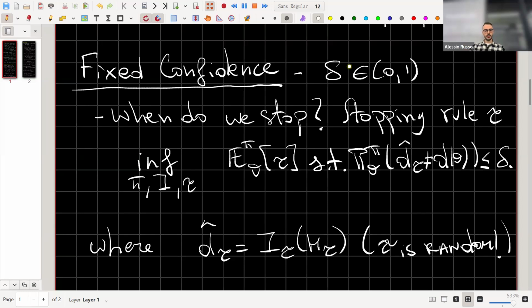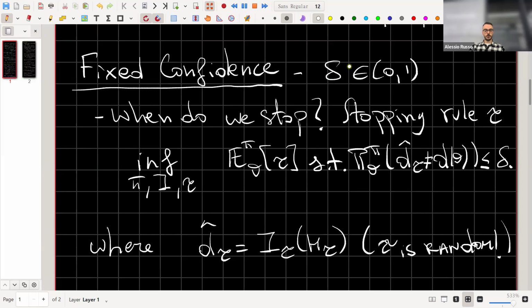And here, the problem that we are trying to solve is this infimum. So we are trying to minimize this average value of tau, so the average number of samples that we need, subject to a probability that the error will be at most delta.